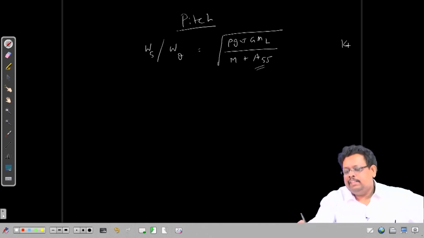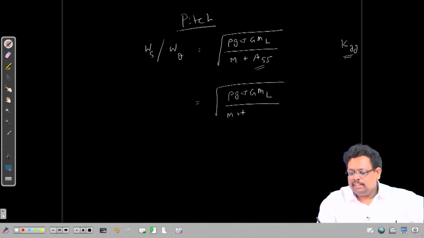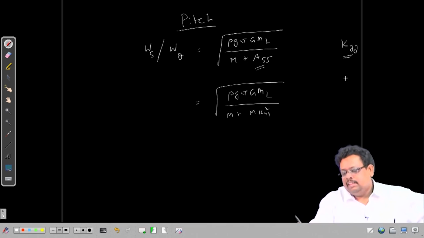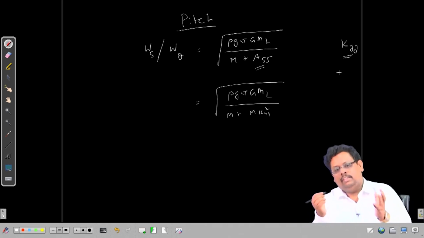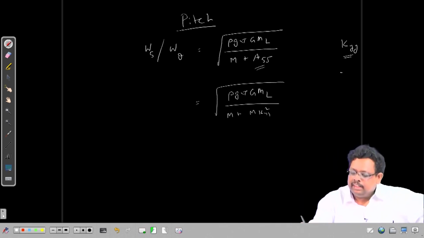We can have the radius of gyration k yy. Then we can rewrite this as rho g V into GM L divided by m plus m into k yy square. Here also, as you know, I am trying to get some percentage of m. Let us take pitch, which of course displaces more water compared to the roll, so you can take some 70% or 60% of the m.